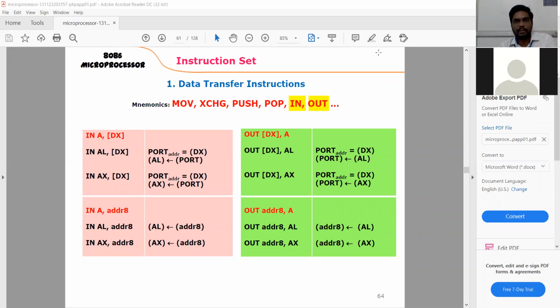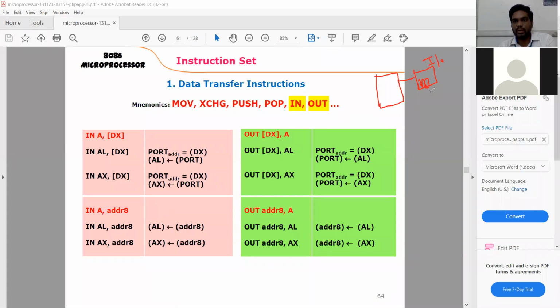Suppose, let us say, we have a microprocessor or CPU. For this microprocessor, we connect a keyboard. So we interface the keyboard to this. This is an IO device.